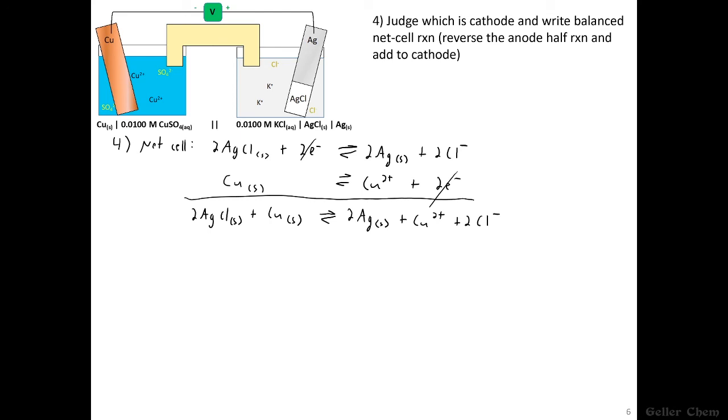And at these concentrations, this reaction will proceed in the forward direction spontaneously. So spontaneously forward. It is energetically favorable for the reaction to go as written, towards the forward direction.